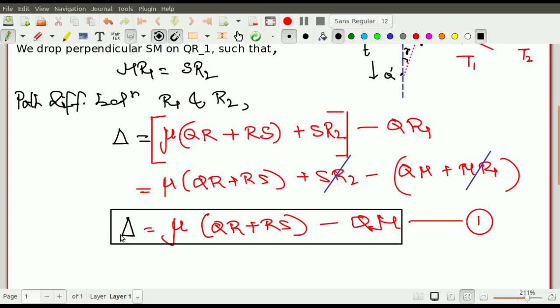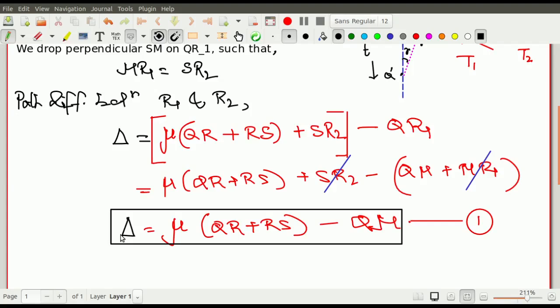Understood? You also understood the concept of effective path, the mu, the extra path, and why it was needed, as I explained beforehand. Whenever a light ray is traversing through multiple refractive indices, the path length is multiplied by mu.